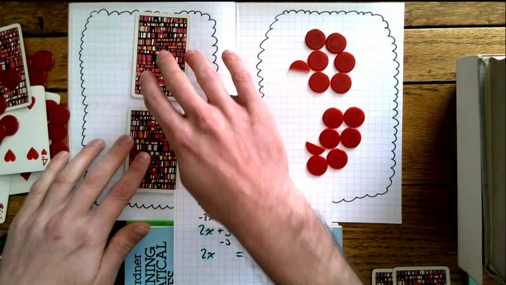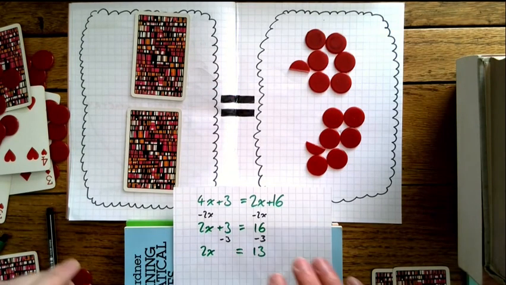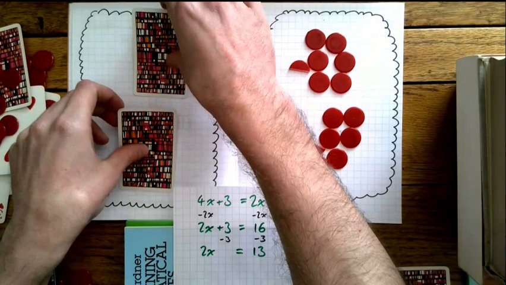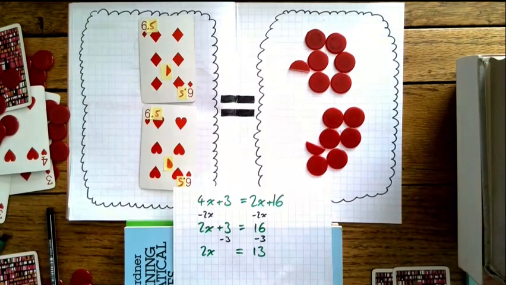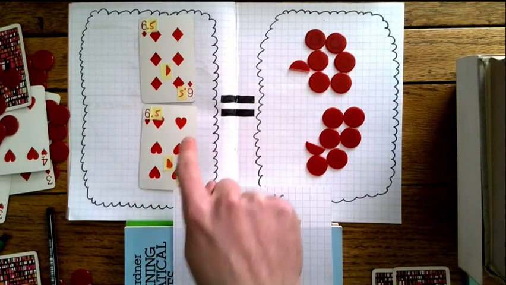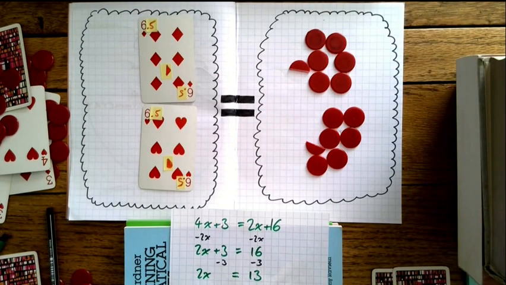We should have that each one of these cards is 6 and a half. Let's see. Yeah, great. 6.5. That's the same as 6.5. It is. So don't be put off if you have a decimal or a fraction in your answer, because that's perfectly valid. These equations can have decimals or fractions as answers.